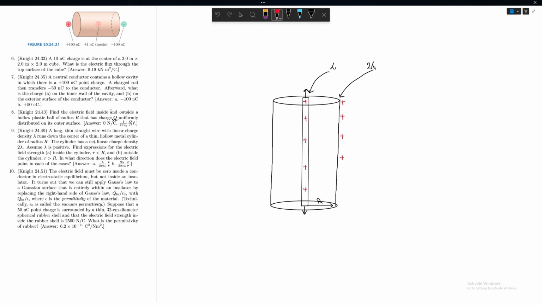The cylinder has a net linear charge density lambda. Assume lambda is positive. Find expressions for the electric field inside the cylinder when r is less than big R. So what this is saying is, looking from the top, I have this cylinder and I have this little rod.